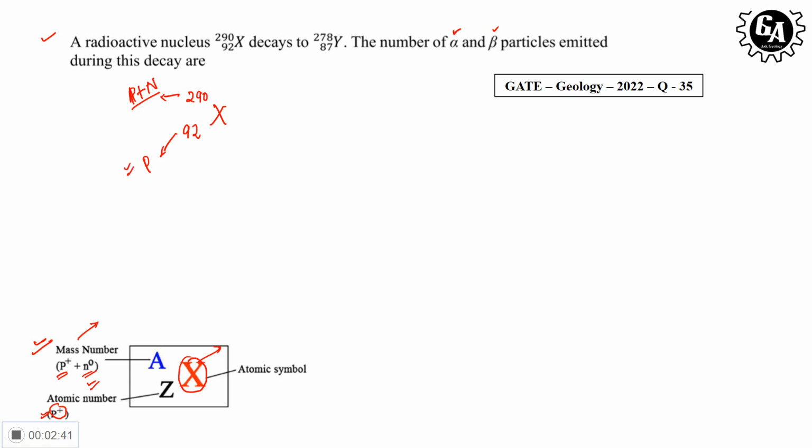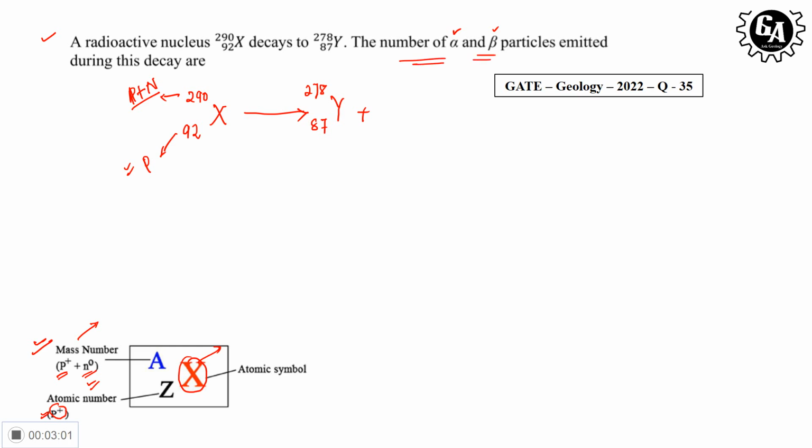Now this X, a very unstable radioactive nucleus, is decaying and getting to Y. This Y is stable, and it is 87 and 278. Now he is asking for the number of alpha and beta particles.